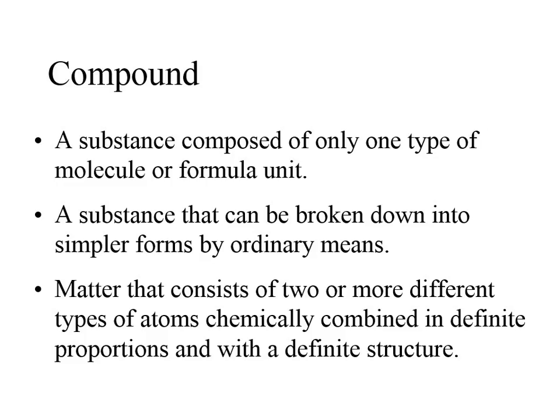It needs to have one repeating unit, and we use a chemical formula to say what that repeating unit is. Compounds can be broken down all the way into their elements, one way or the other. And the third one says that with a compound, it needs to have at least 2 different types of elements that are stuck together.